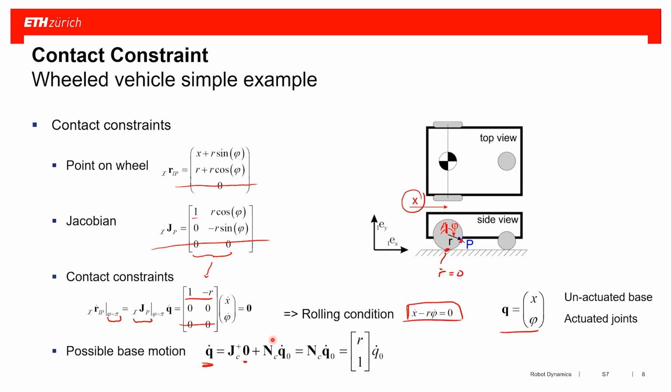So what remains is a null space projector times a Q dot 0, which allows me to change Q dot without violating this first contact constraint. So what I have to do is figure out a null space.